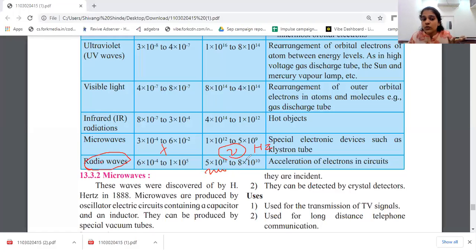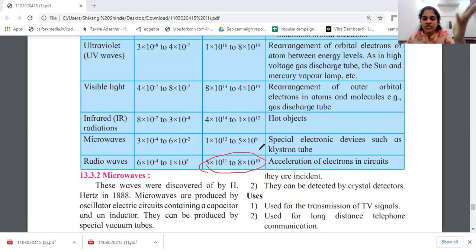See students, you all might sometimes see different values. For example, 8 into 10 raised to 10 can be written as 80 into 10 raised to 9, and this can be written as 80 gigahertz. Something like this you can also see. That is the reason you should know how the conversion happens. Remember what is given here: for radio waves, frequency range in hertz is 5 into 10 raised to 11 to 8 into 10 raised to 10.